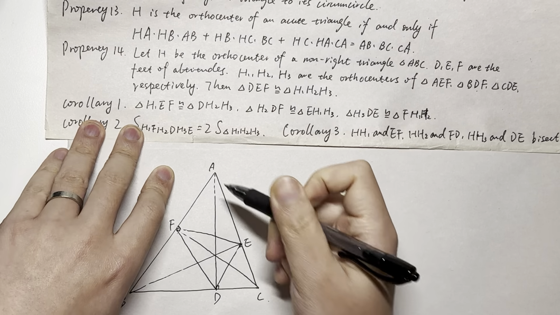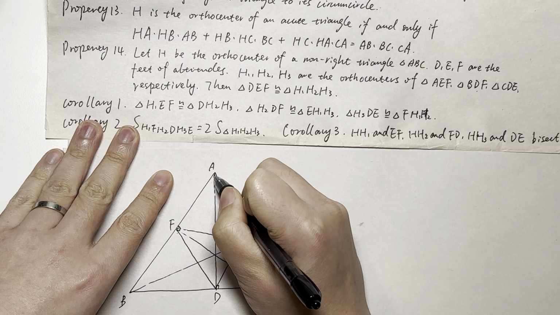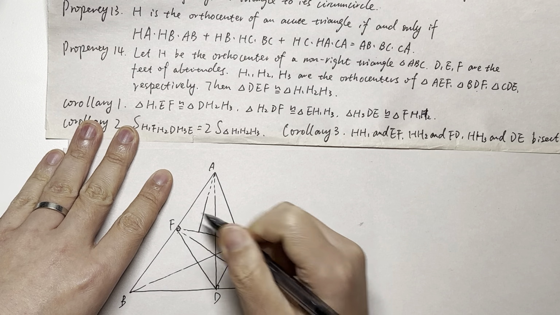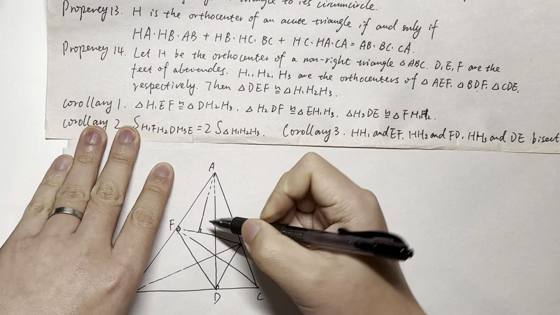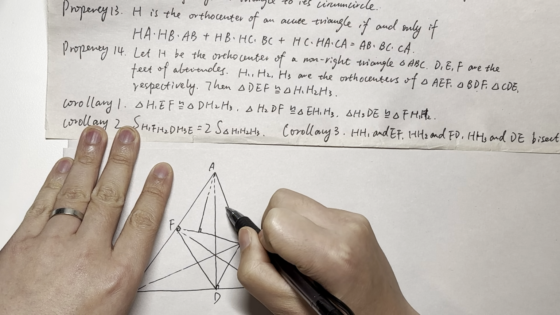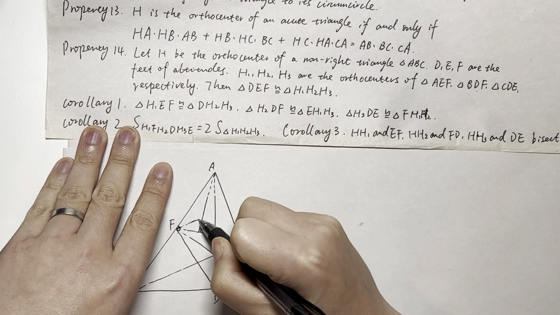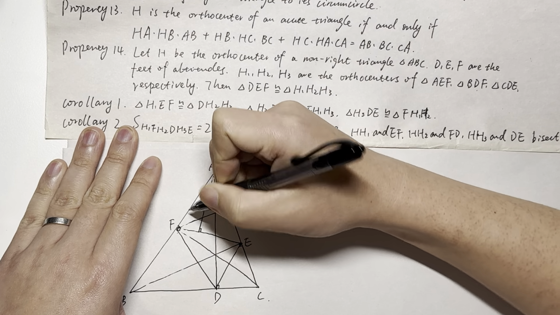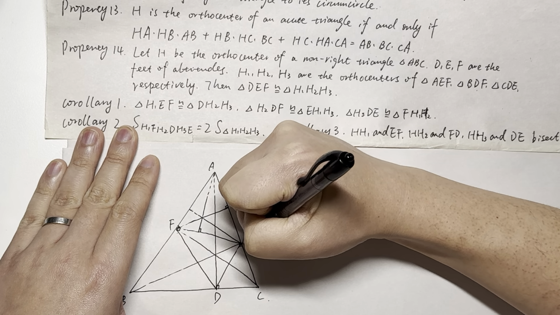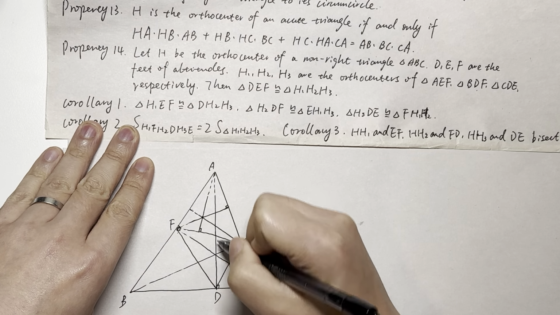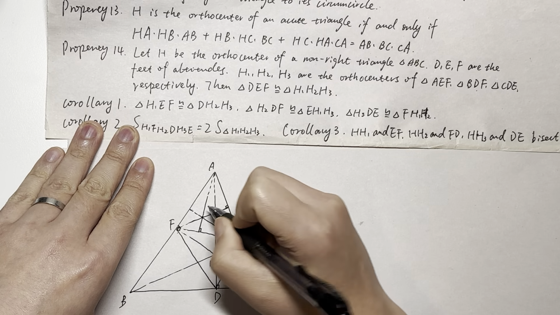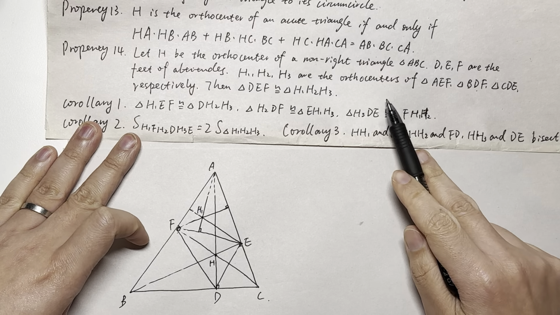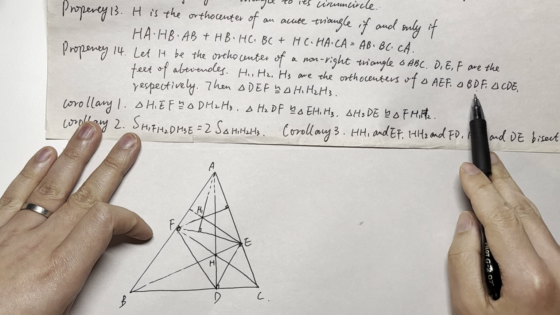We want to find H1, which means that from A, we draw the perpendicular line to FE, and from F, we do it here. Right, that is H1.